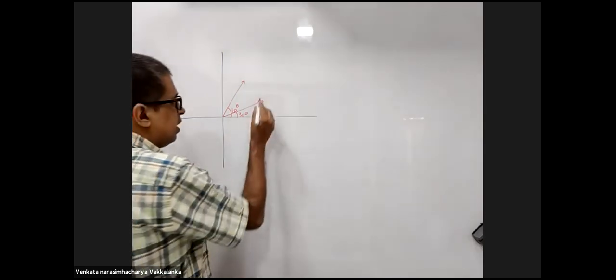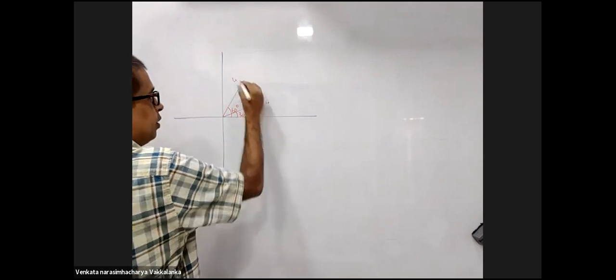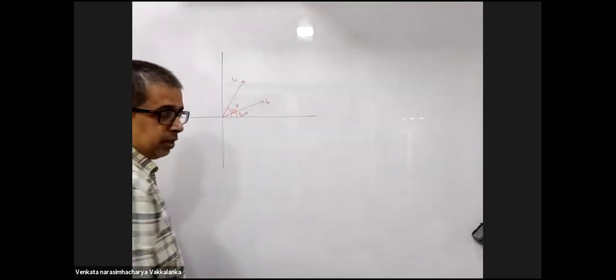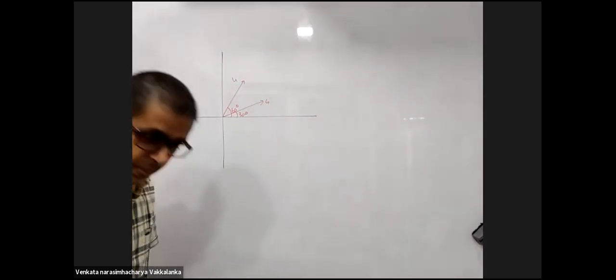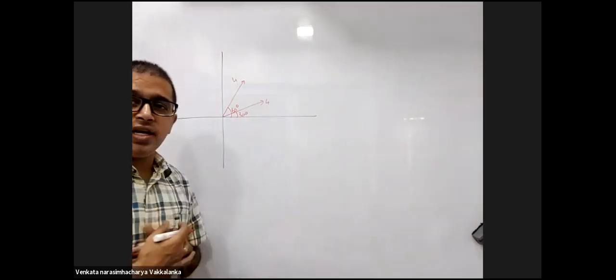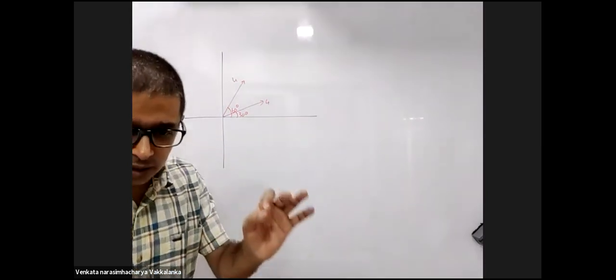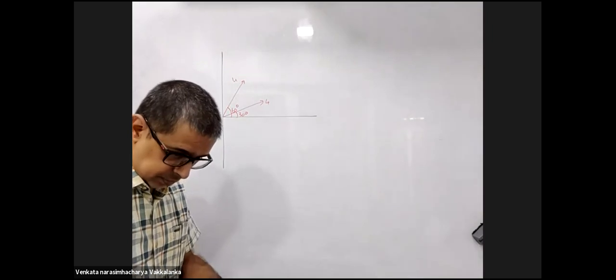For my convenience, I am taking two forces, 4 Newton and 4 Newton. Agreed? Now, I actually want the resultant of these two forces. First of all, is the question clear to all? Yes, sir.